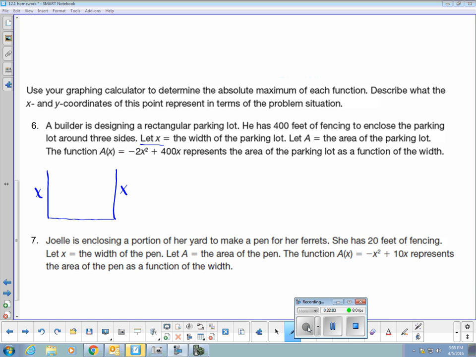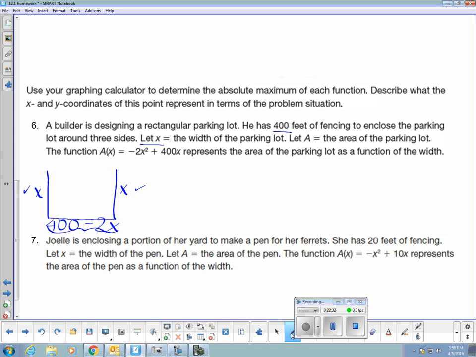To find the leftover part for this 3rd side, I need to take the total fencing that I have and subtract 1x, 2x. So this is the leftover part for that 3rd side.